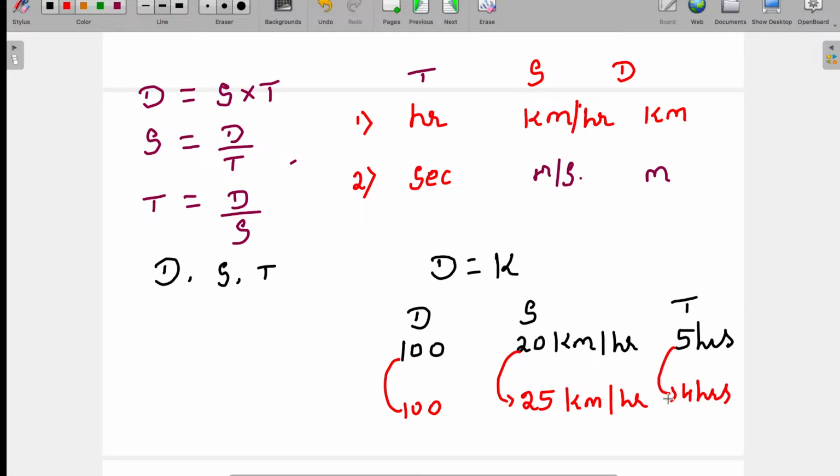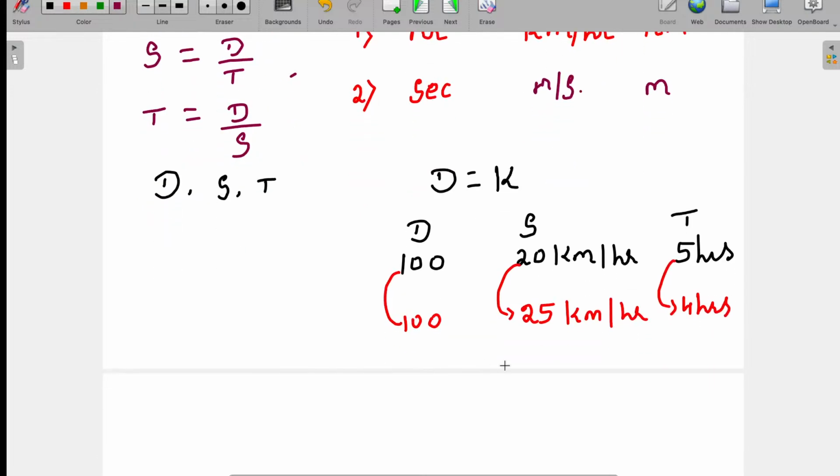This concept is called inversely proportion. So the first property: if distance is constant, speed is inversely proportion to time. Write down this property first.